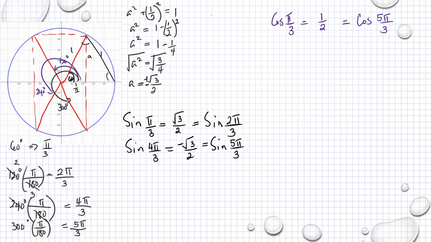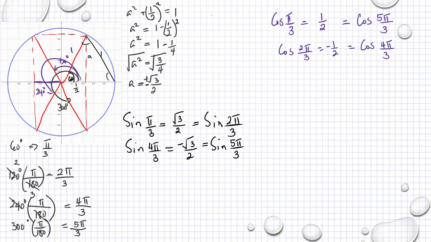And then for the negative cosine, we have the second quadrant, 2 pi divided by 3, that is negative 1/2. As you can see here, the x value there is negative, and the same on the third quadrant, that is cosine 4 pi divided by 3.